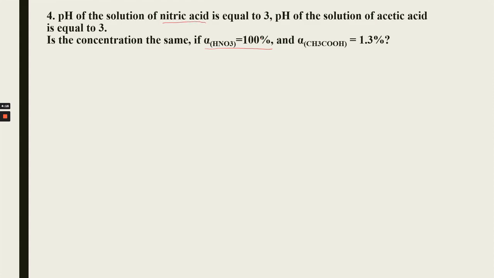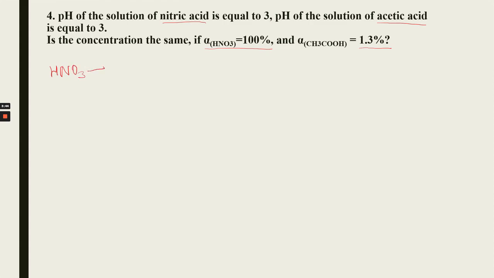So we can assume that nitric acid is a strong electrolyte, because a strong electrolyte has a high degree of dissociation, and acetic acid has a small degree of dissociation. So we know for both solutions that pH is the same, but we have to find the molar concentration. First, let's start with the strong electrolyte.